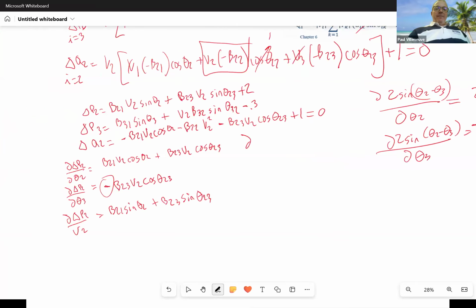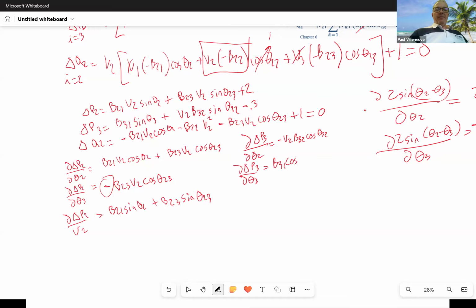So now I can do delta P3 with respect to theta 2, and you'll notice I'm going to get some negatives here. No theta 2 here, so the only term I get is here. So I have negative V2, V32, cosine theta 32. And that's it for that one. Partial of delta P3 with respect to theta 3. I've got more terms here.